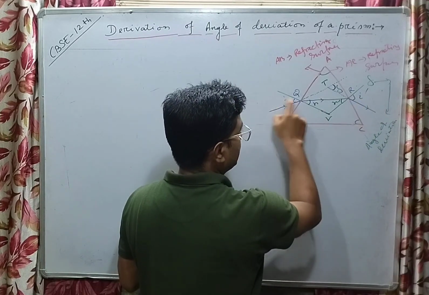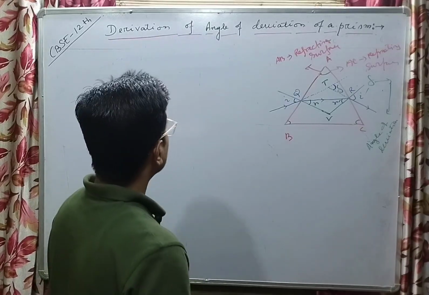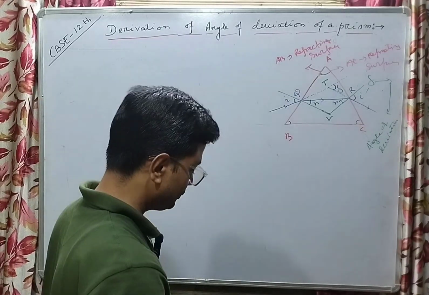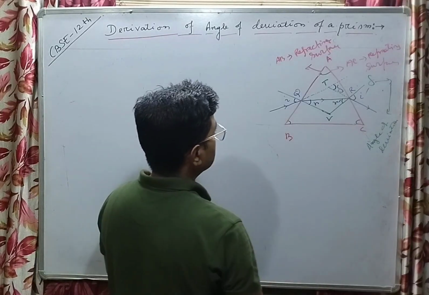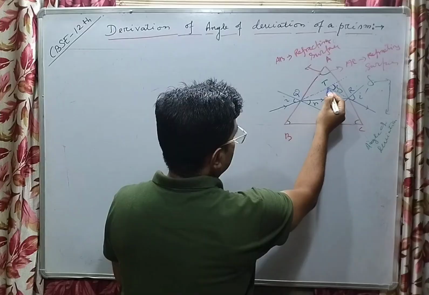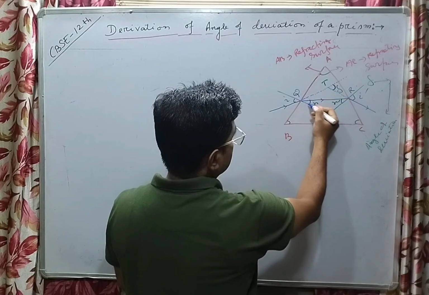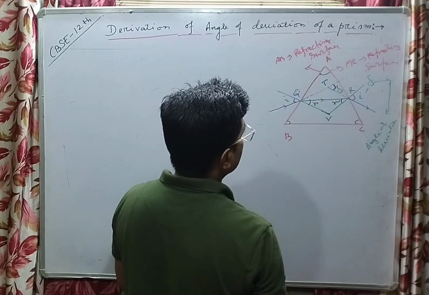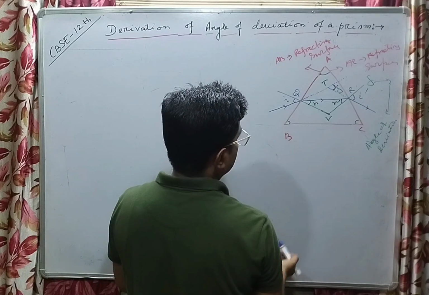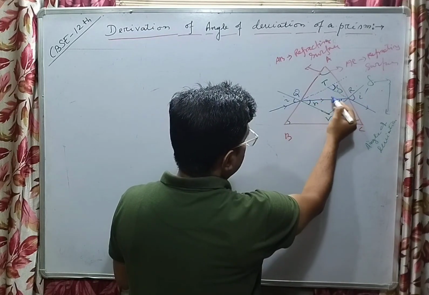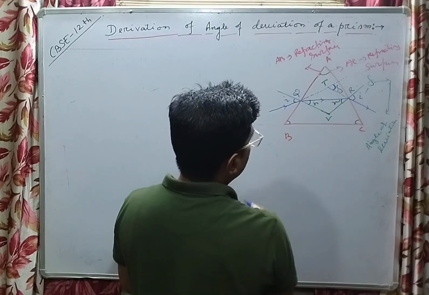Angle i is the incident angle. Now I am going to do the rest of the things. See, here is clear. TQVR is a quadrilateral, and AQVR is also a quadrilateral, and TQR is a triangle, and QRV is also a triangle.